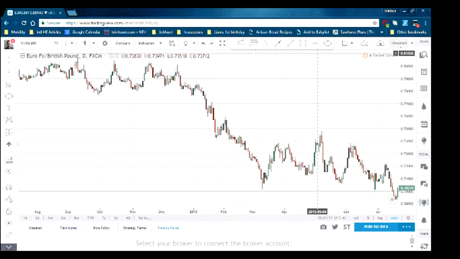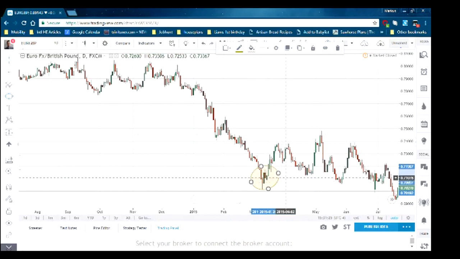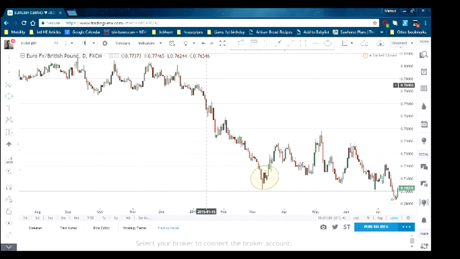So this right here, a nice one. The market has been trending down significantly. We have a hammer forming, and that's followed by a bullish engulfing candlestick, right, indicating that we're looking at a trend reversal.